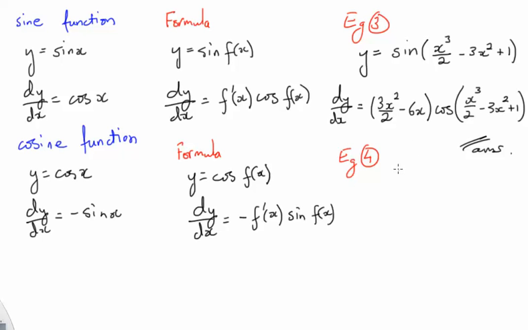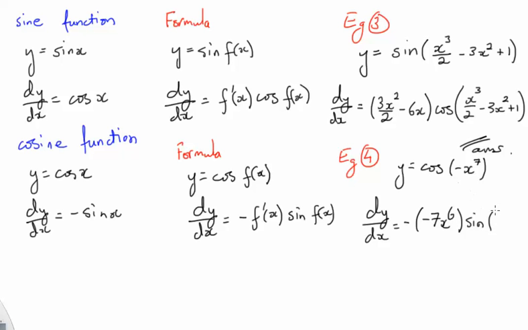Let's do y equals cos negative x to the 7. Well, the derivative equals, it's going to have a negative out the front. The derivative of that is negative 7x to the power of 6 sine, and that stuff in there.